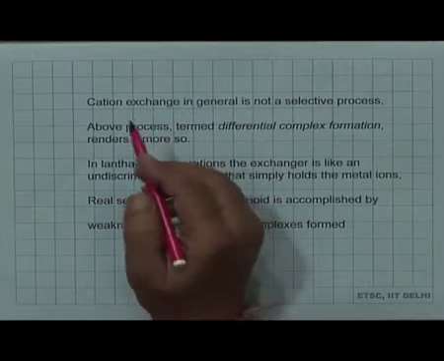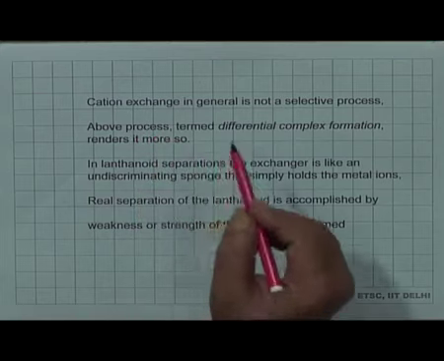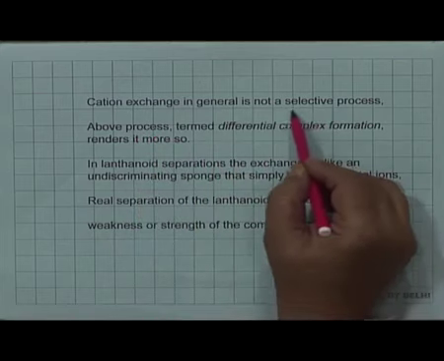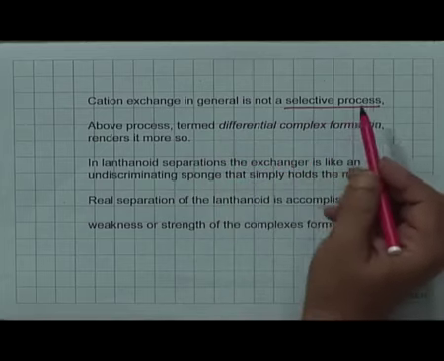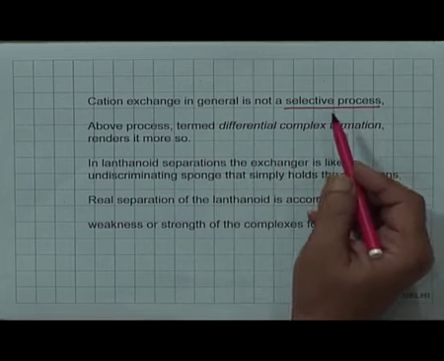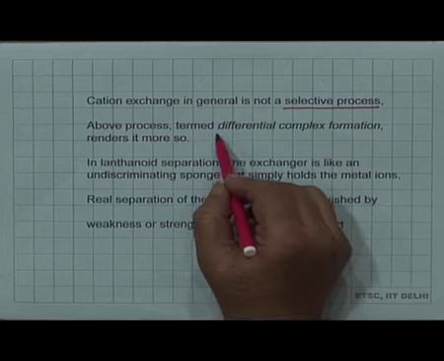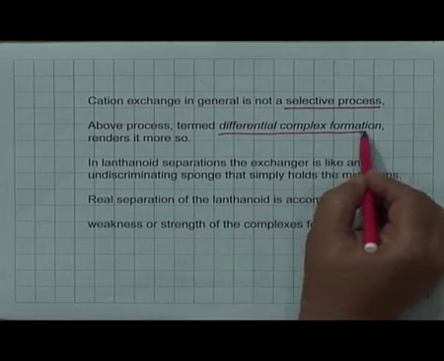So, in general what we can say is that cation exchange is not selective, it is not separating the metal ions. What is separating the metal ions is basically the differential complex formation.